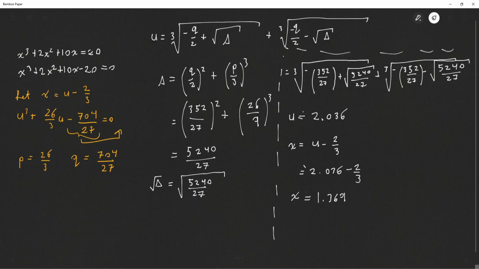Now, this is our only real root, but there is another way to get our complex roots.